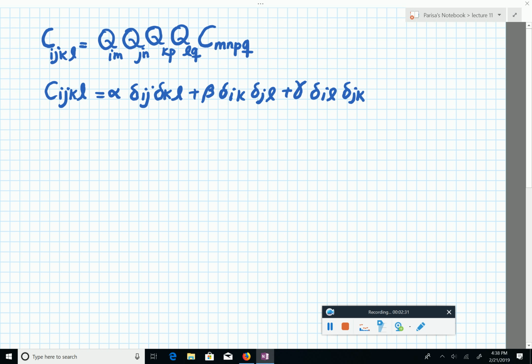So if we have linear elasticity, what happens? Sigma ij is linearly related to a strain E.